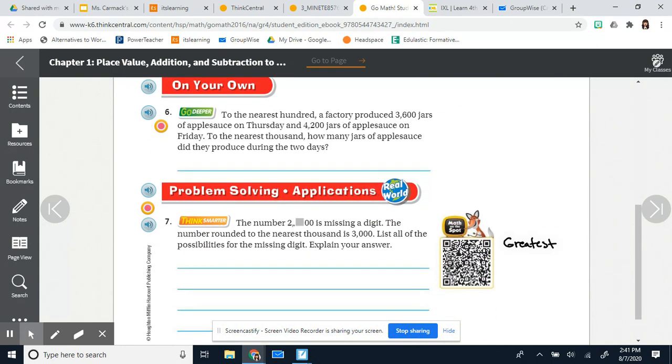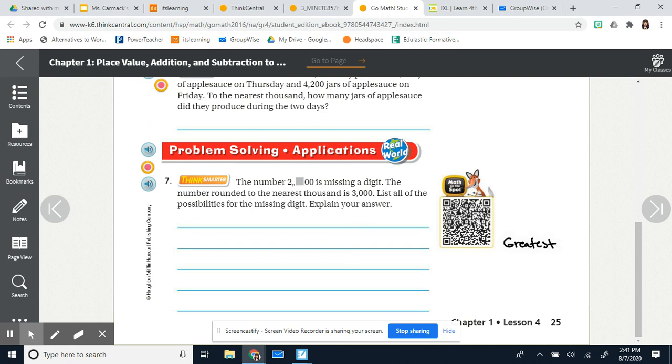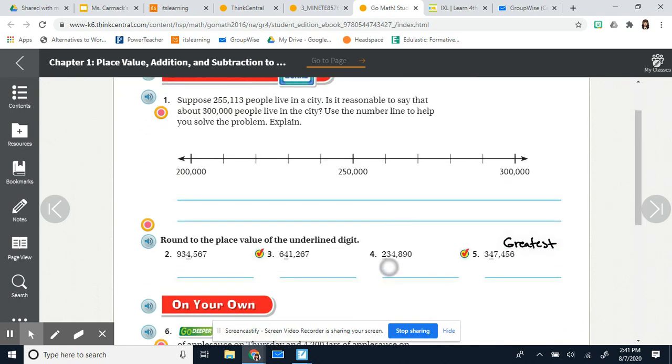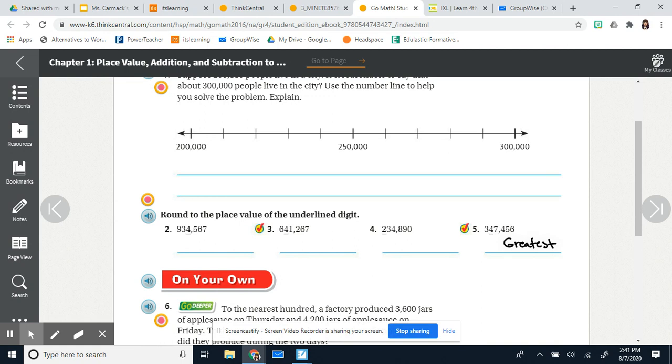I'm not gonna do any of these word problems. Okay, now just because I know this is a really hard concept for fourth graders, I'm just gonna do one more. I'm gonna do number 5. Okay, so again, the number that's underlined is a 4.